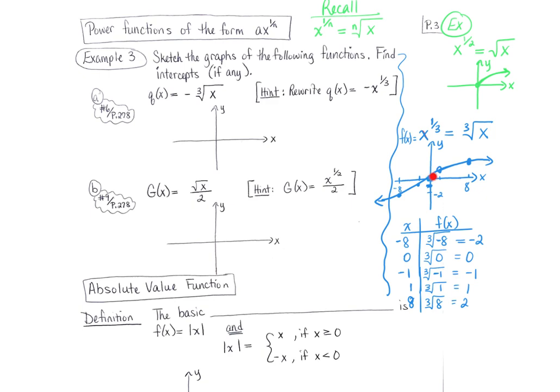So no surprise, when we have -1 times the cube root of x, this graph is going to be reflected over the x-axis, right? And it's going to look like that. It's going to look like this. That's the graph of -1 times the cube root of x.